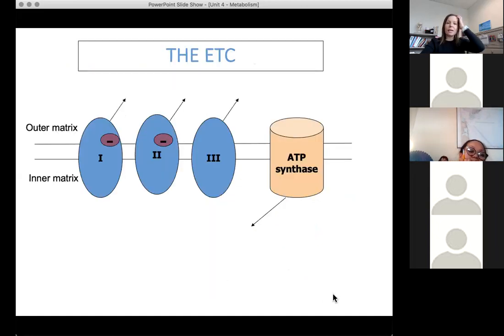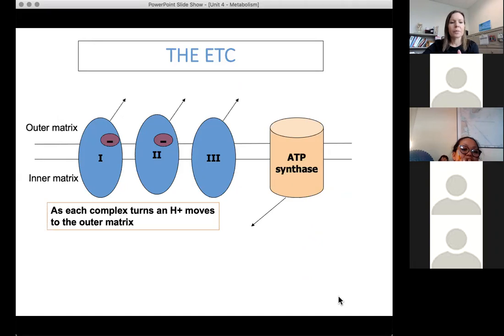So here's the animation that I was talking about. These are your electron carriers. These are just proteins that are stuck in the membrane, that inner folded membrane. Here is the space all the way inside of the mitochondria, and here's the space that's in between those two membranes. And these circles with the negative sign, electrons have a negative charge, so these represent electrons.